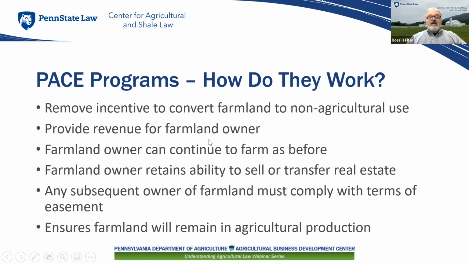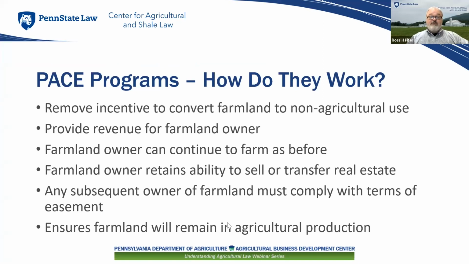Okay, so how do these purchase of ag conservation easement programs work? You have the farmer who is essentially imposing an easement upon the property that prevents the development of that property.